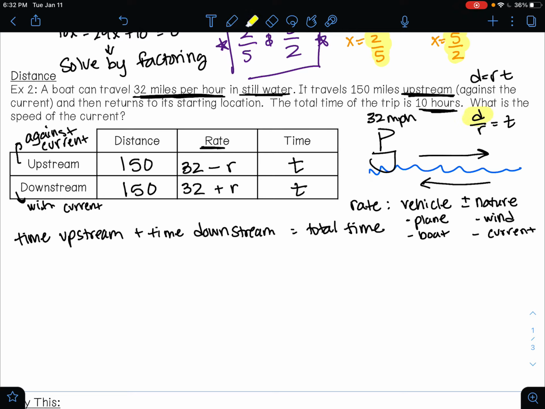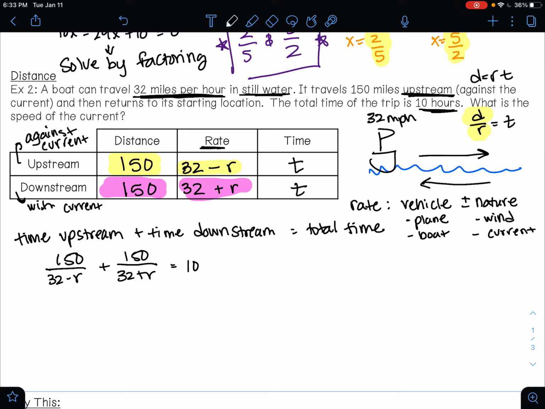Upstream's distance is 150, divided by the rate, which is 32 minus r, plus the distance for downstream, which is 150, divided by the rate for downstream, which is 32 plus r. And that's going to equal our total trip time of 10 hours. This is our equation.